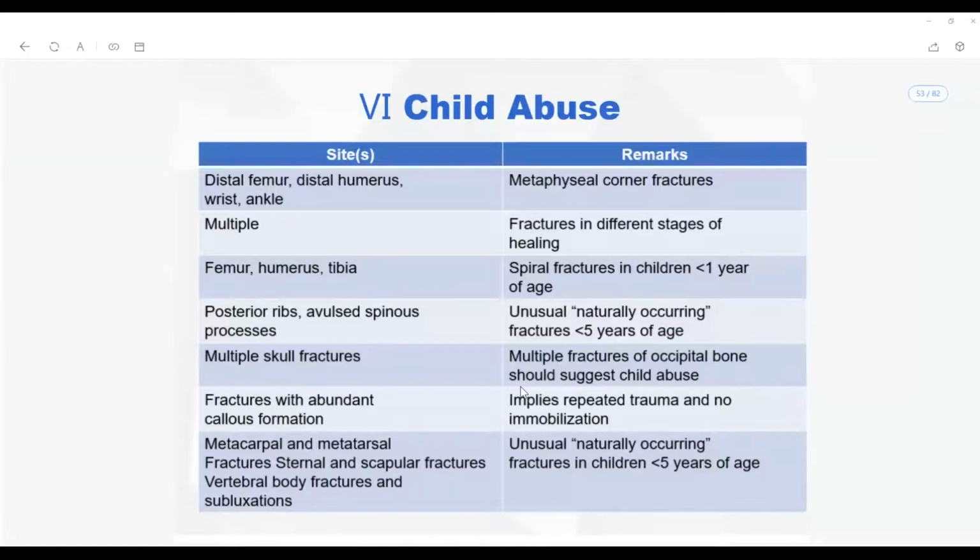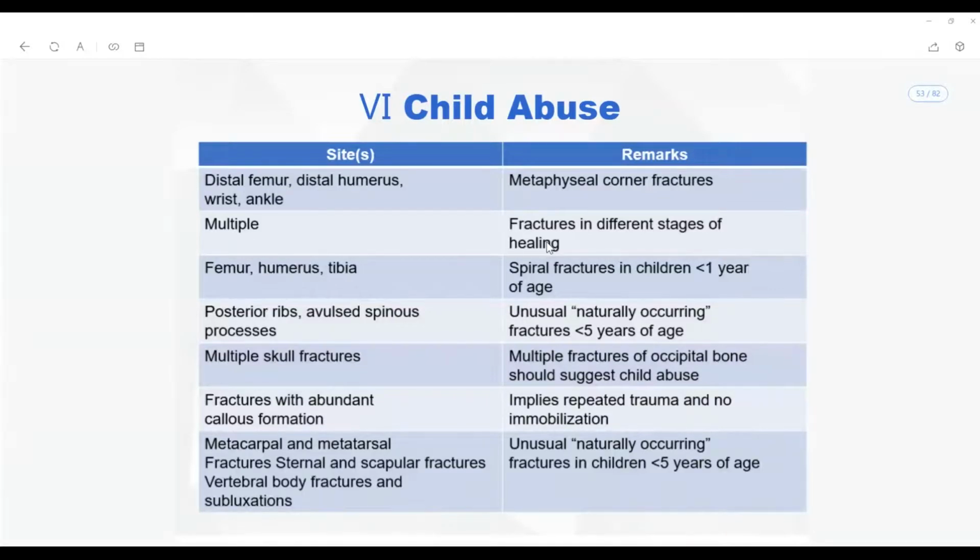For example, the distal femur and the humerus, ankle and wrists, where there will be metaphyseal corner fractures. There will be shaft fractures, and Salter-Harris type 2 fractures as well. And you also have to understand one thing: there will be multiple fractures in multiple regions, and the fractures will be at different stages of healing.